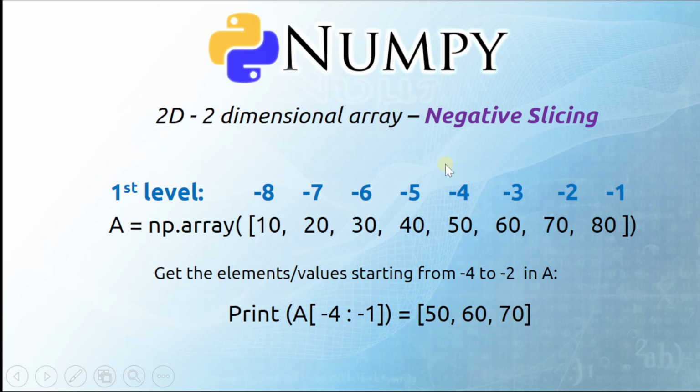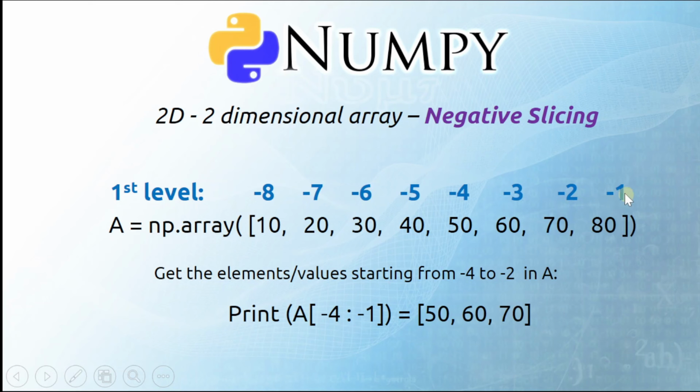Negative slicing, another way to look at it, we can reference the values or the elements within an array using their negative indexes from the right to the left, of course, by -1, which would be referring to the last value, then -2, -3, all the way to the beginning. Of course, 0 is reserved to the first value to the left. So if I need to get the elements or values from -4 to -2, in the same way, you simply type print A[-4:-1], which is right after -2.